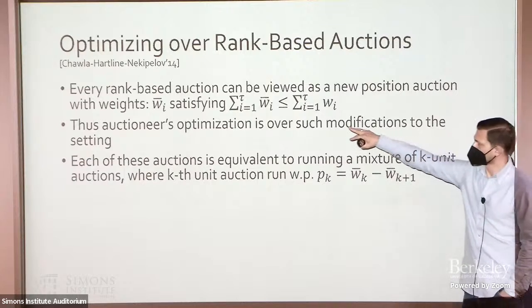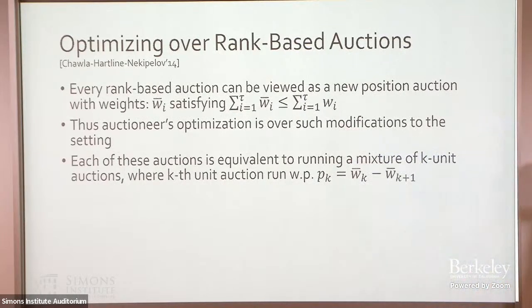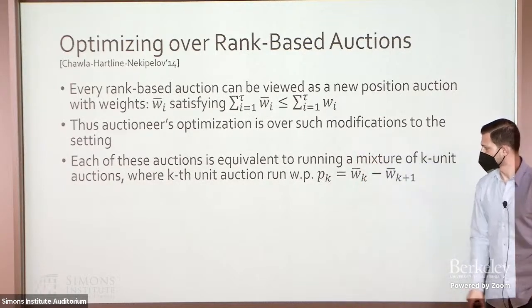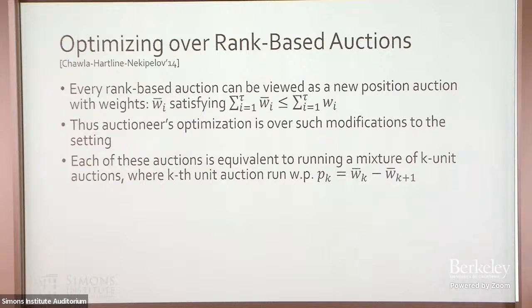Such a position auction is also equivalent to running a mixture over k unit auctions, where the probability of running the kth unit auction is the difference between WK bar and WK plus 1 bar.